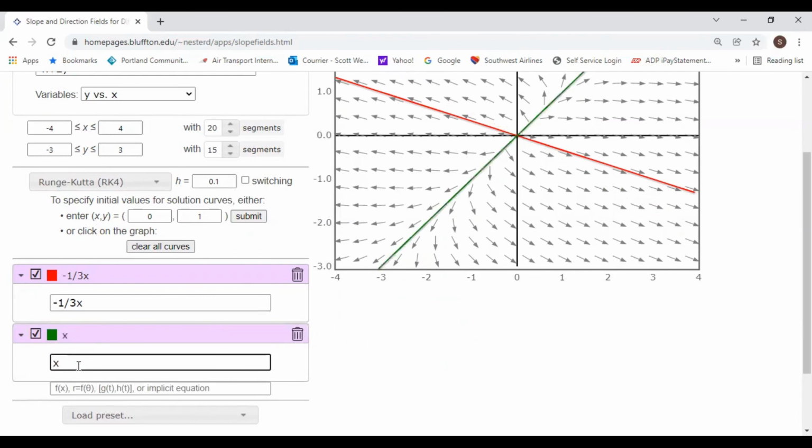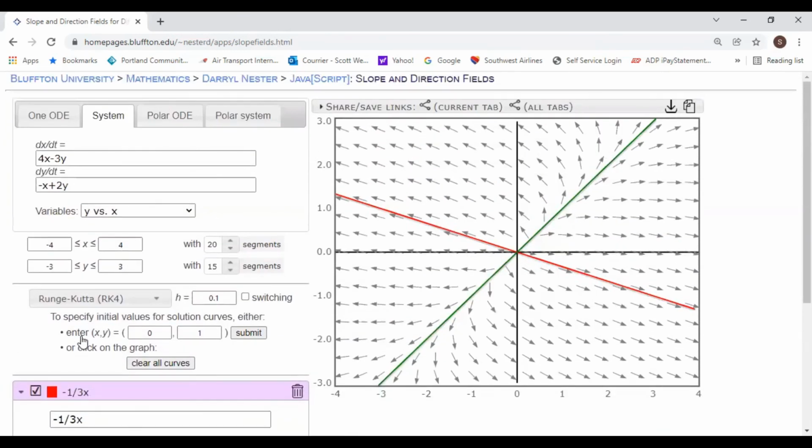So we still have the red one for x1 and the green one for x2. Okay, so then let's see what happens in the long run if we start plotting curves on this.